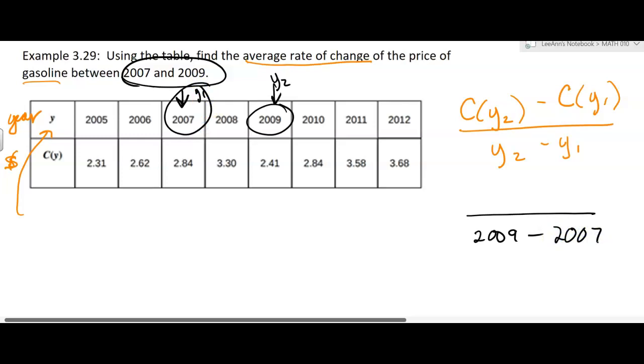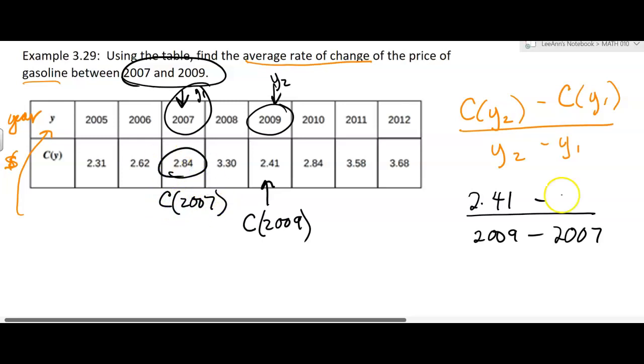Now we have to look at the outputs. So you're going to take C of y sub 2, this would be C of 2009, that's 2.41, and we're going to subtract C of 2007, which is 2.84.